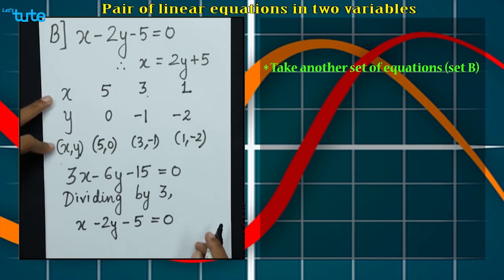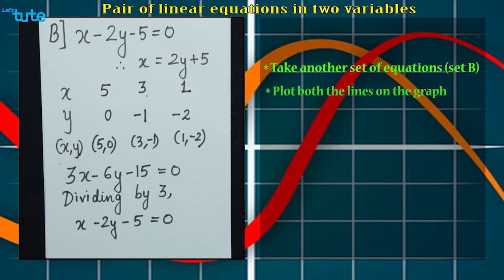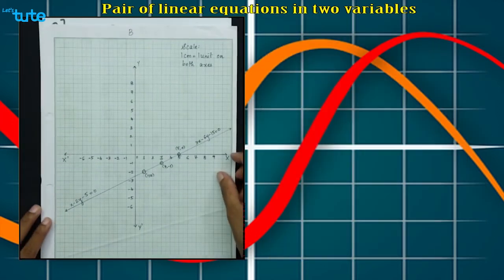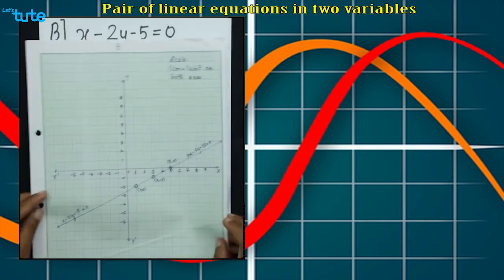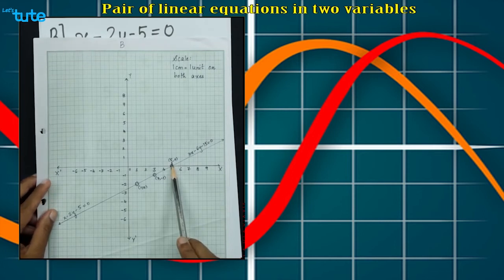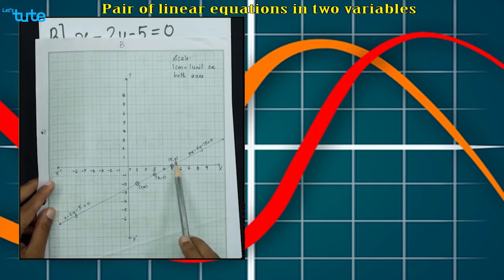So now let us try and plot the graph of these two lines, that is x minus 2y minus 5 equals 0 and 3x minus 6y minus 15 equals 0. Following the same procedure, the graph which we obtain would be this. Now if you look at this graph, the first point, 5, 0, is here: x-axis 5, y-axis 0.